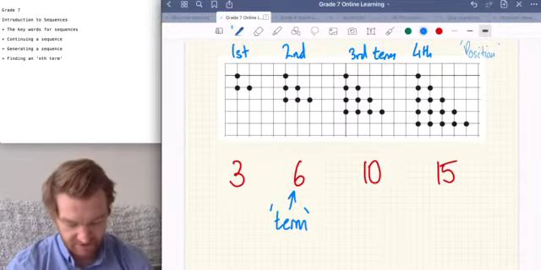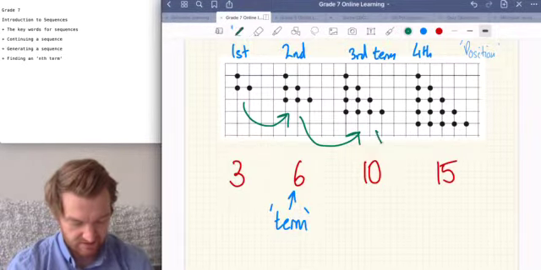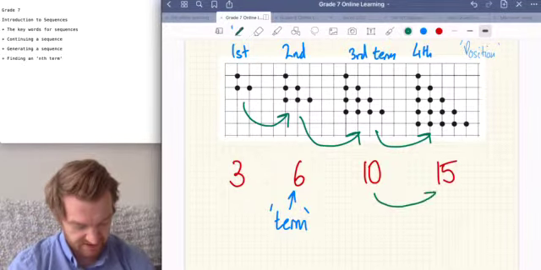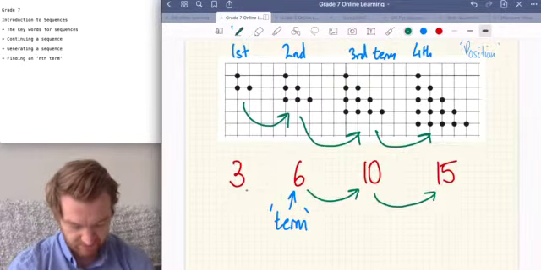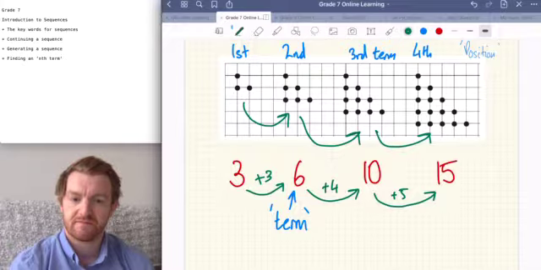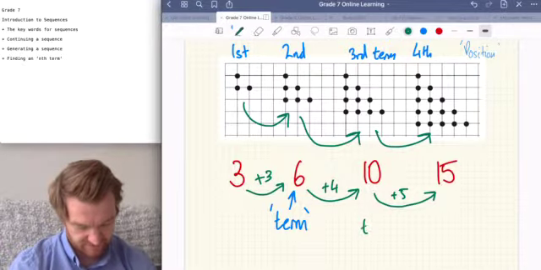We could say, oh, well, what's going on? How is this pattern continuing each time? So to go from one number to the next, we can look at what's happening. Here we're adding on 3 dots, 4 dots, and 5 dots. So we could say we've got a term-to-term rule.